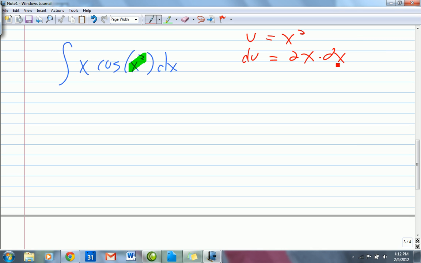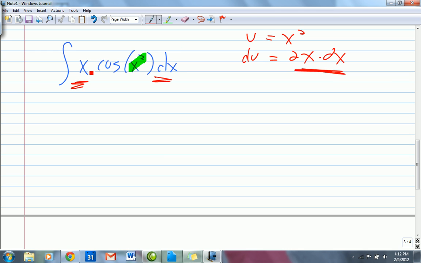I get something that's helpful, and here's why. Here I have an x dx, and du is 2x dx. So I can replace a 1x dx with half of du, right? Because du is twice x dx.